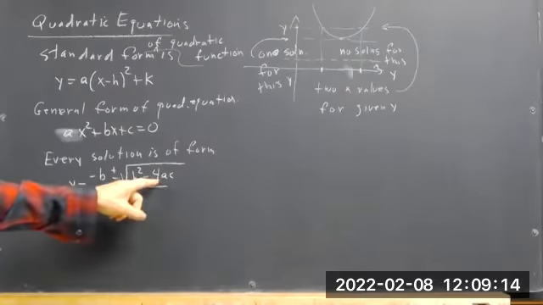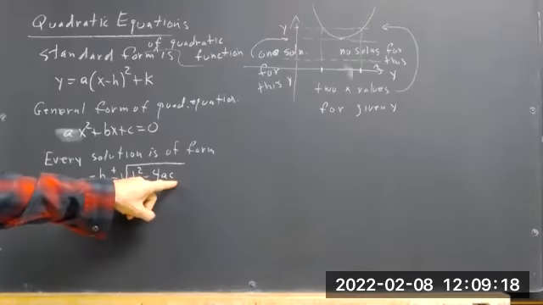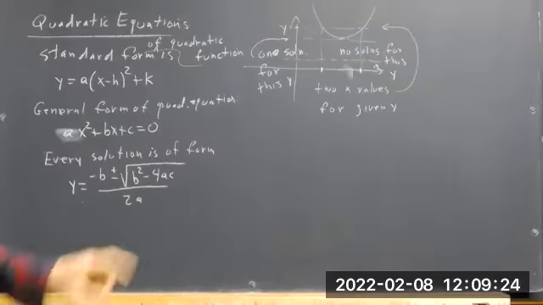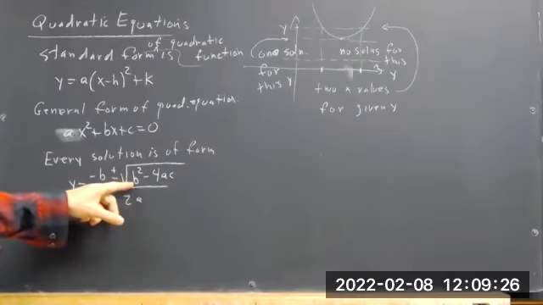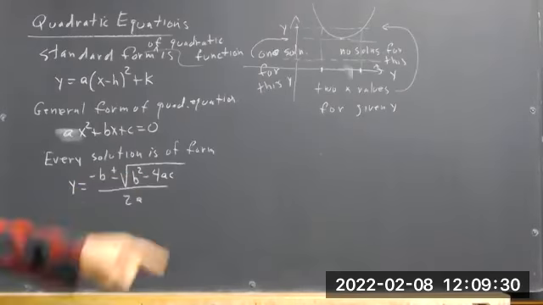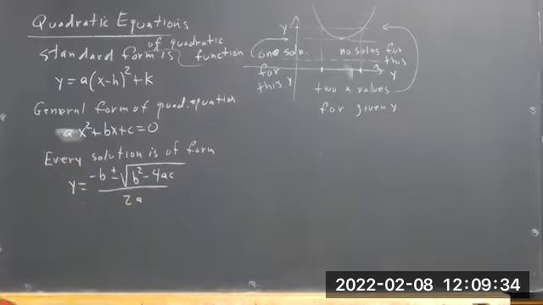It could be that a and c are big enough that the negative 4ac makes this negative. If a and c are big enough for a given b, this is going to be negative, and you can't do the square root of a negative. Actually, you can, but not with real numbers.